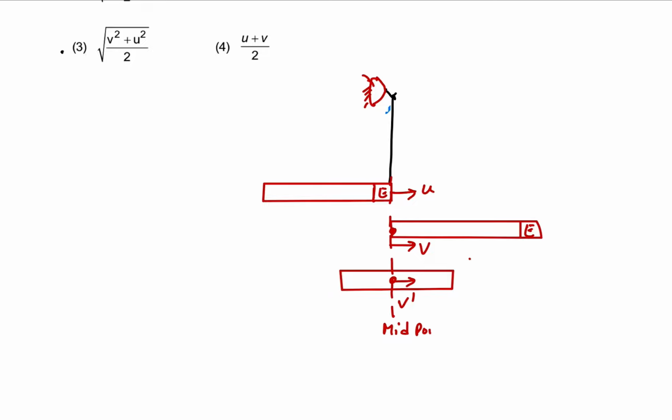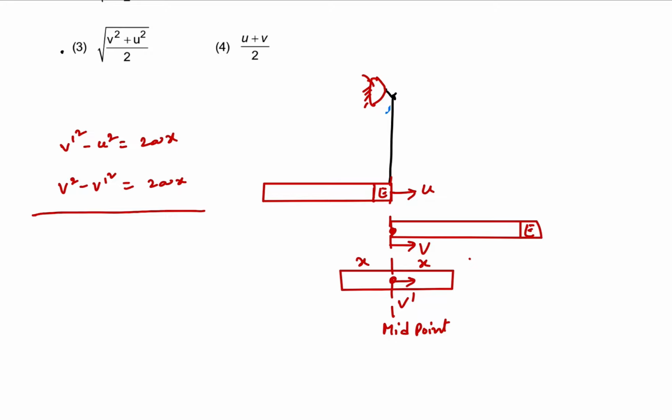Now you can see how much distance it is covering. This is the midpoint. Let us consider total distance is equal to how much here? 2x is there. So we can write in the initial case v dash square minus u square is equal to 2ax. In the second case we can write v square minus v dash square is equal to 2ax. First distance x, second distance x, I am writing.